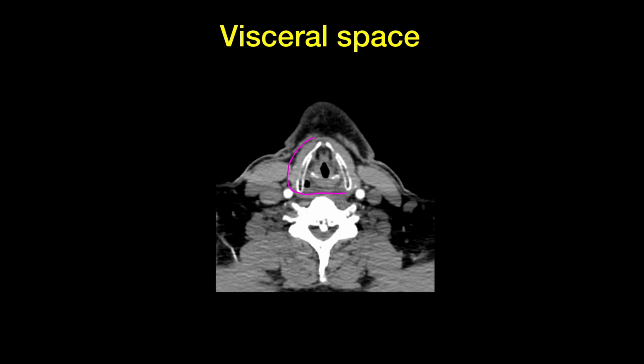Next we have is the visceral space of neck. This belongs to infrahyoid neck, but it's continuous with the pharyngeal mucosal space in suprahyoid neck. Few authors consider it the same.